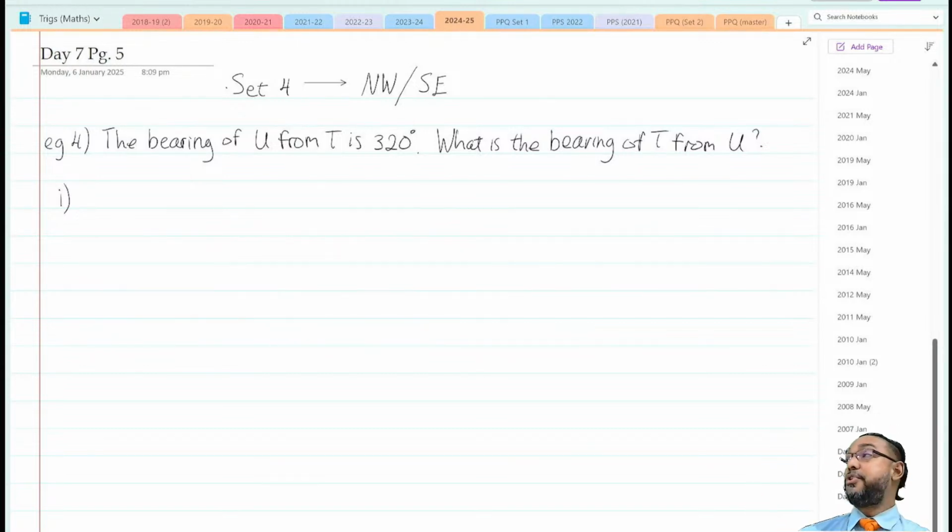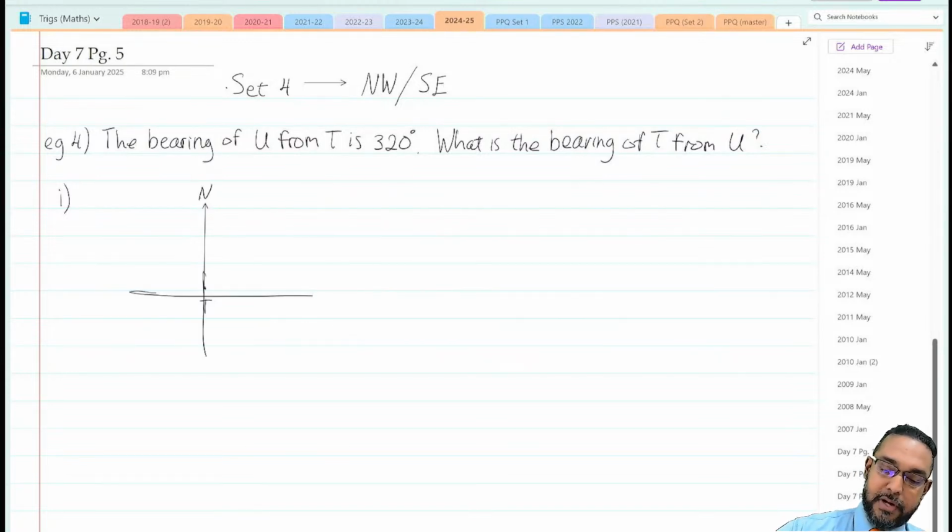Anyhow, right. So we have a 320 degree angle going on here now, guys. So let's take the bearing of U from T. So we have to start at T and put a north line. So again, 90, 180, 270, that's 360. So 320 is somewhere up inside of here.